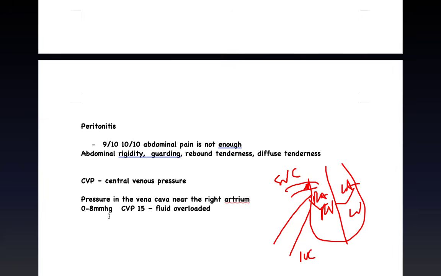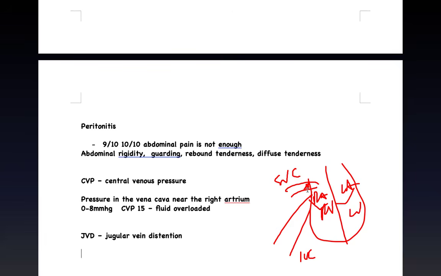Another way they can trap you is JVD, jugular vein distension. This one is a little bit different. You have to know a few things about it, right? The jugular vein distension is not the vena cava, it's looking at just the jugular.